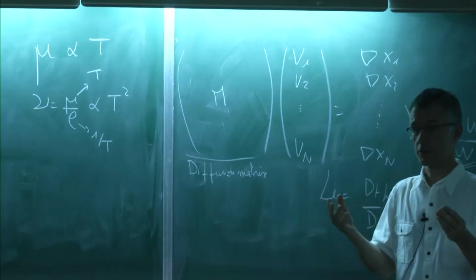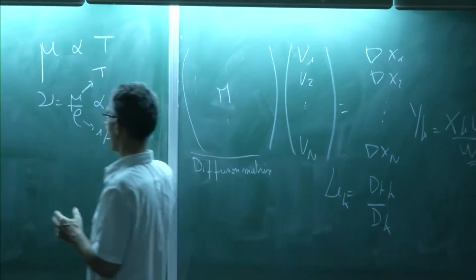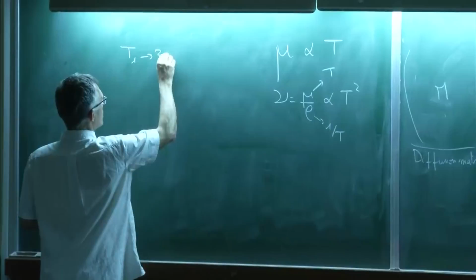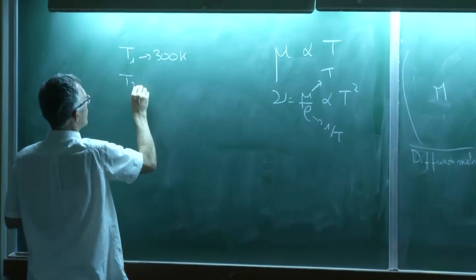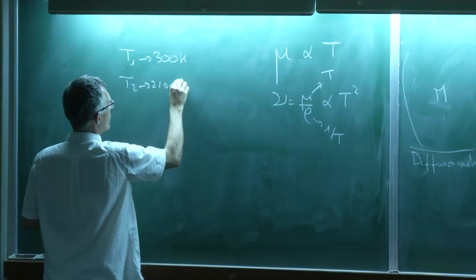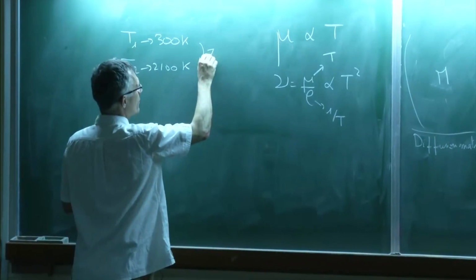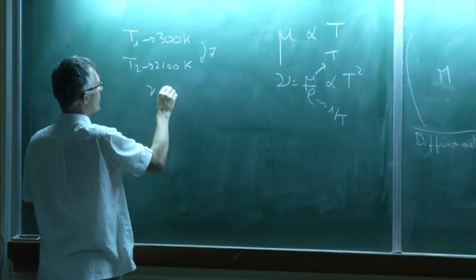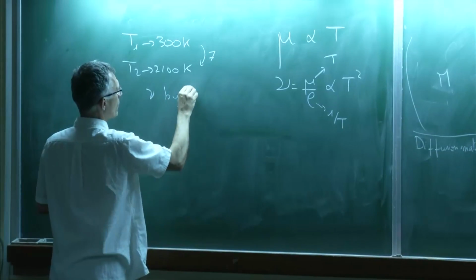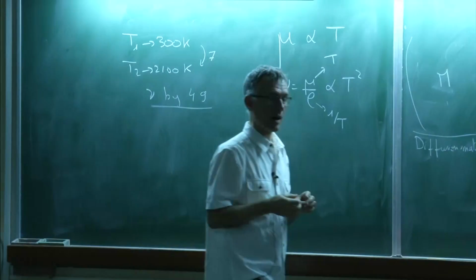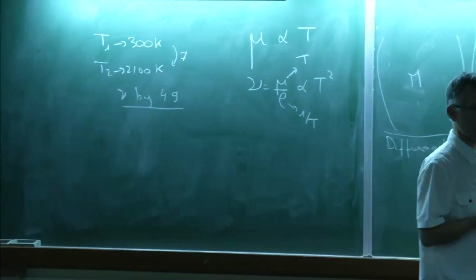If you go from 300 K in the fresh gases to 2100 in the burned gases, temperature has been going up by 7. That means that nu has increased by 49. So the burned gases are much more viscous than the fresh gases.